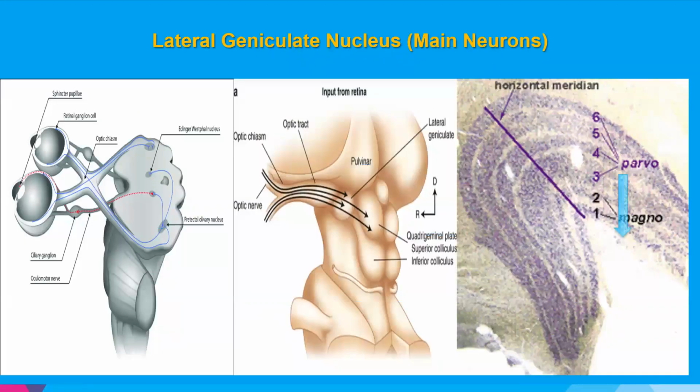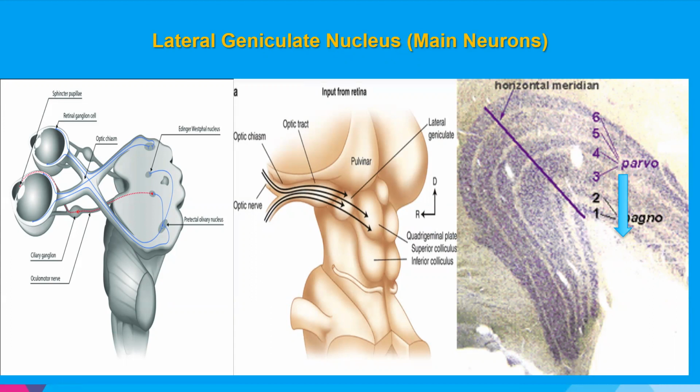Okay, lateral geniculate nucleus. I am talking about this layer, which is not one. Probably one of the coniocellular. Okay, good. Coniocellular. And from where? Ipsi or contra? Contralateral, right?